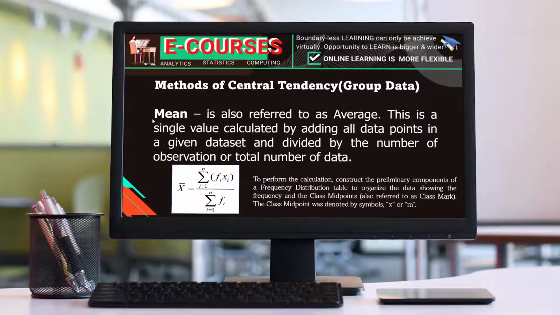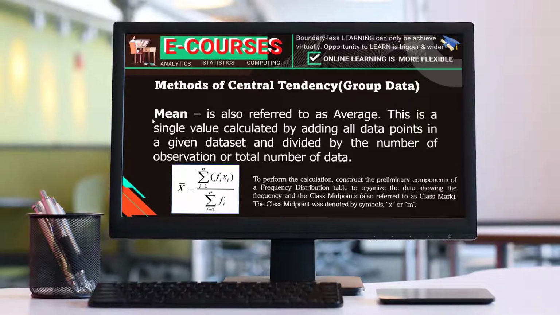Alright, so before doing this for group data, all you need to do is to convert first the ungrouped data to a group data, and that is through a frequency distribution table.